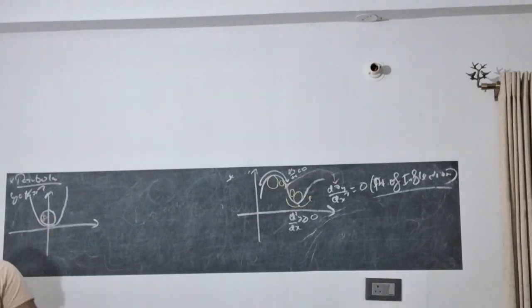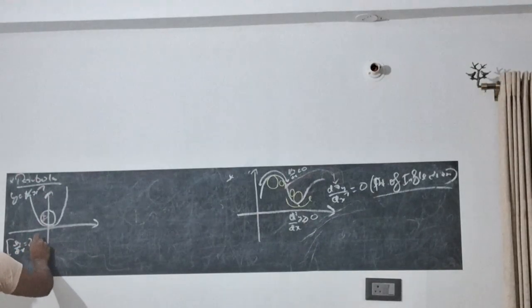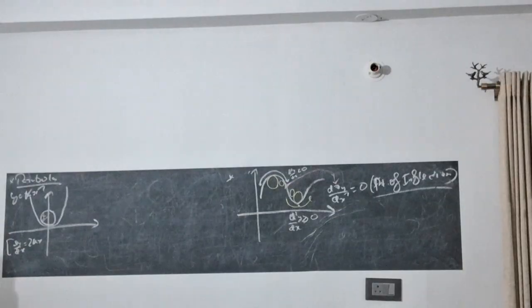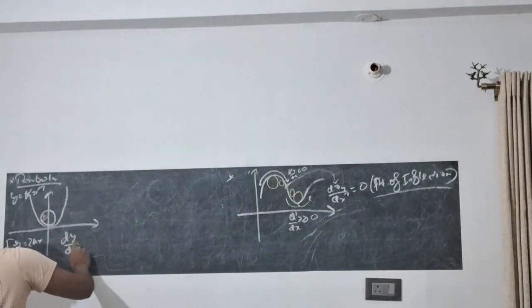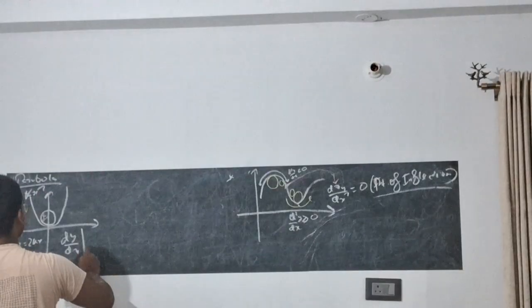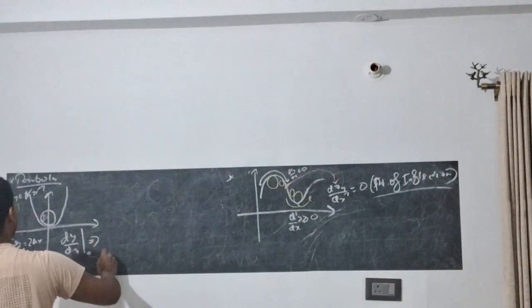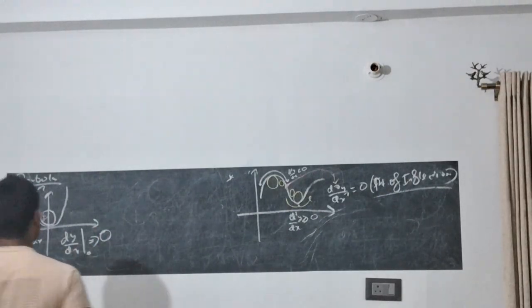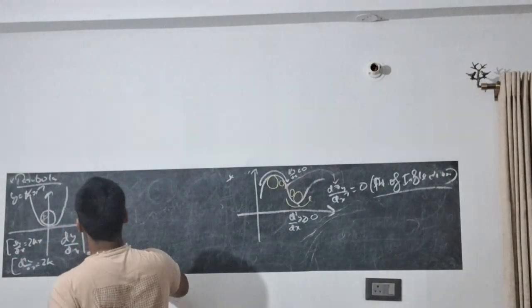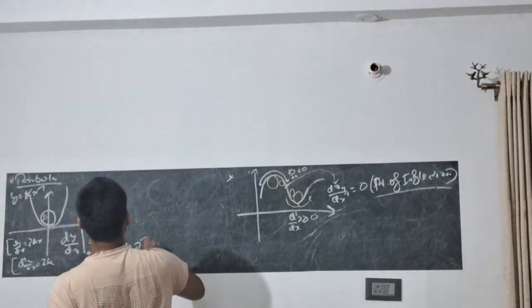This is the R. Two kx is the derivative, and the double derivative is 2k. The double derivative at 0 would be nothing because it is not dependent on x.